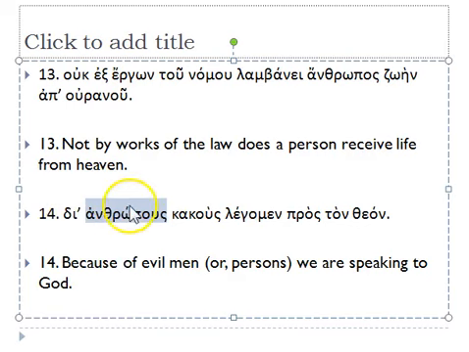So because of people. Then we have this adjective, kakous, which agrees with anthropous in gender, number, and case, and so is taken here in attributive position to describe it. Because of wicked people or evil people, we are speaking to God.